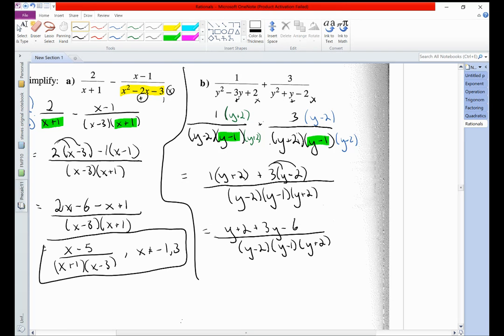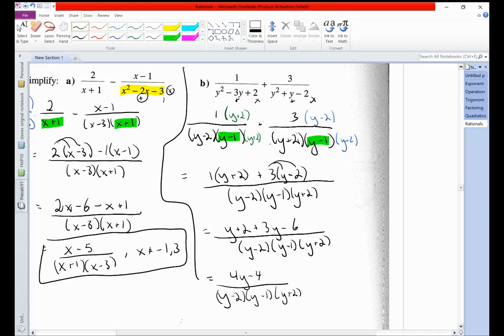And now we have y plus 3y is 4y. And plus 2 minus 6 is -4, over y minus 2, y minus 1, y plus 2.